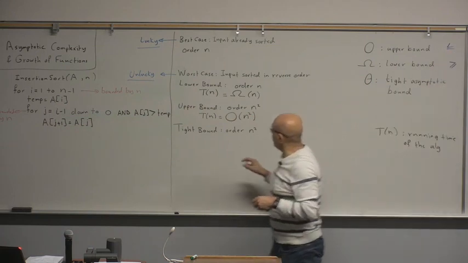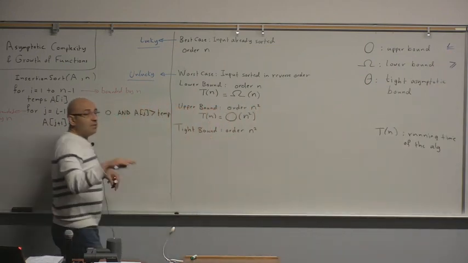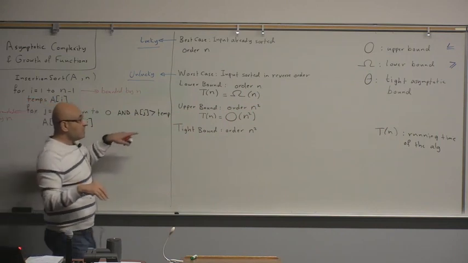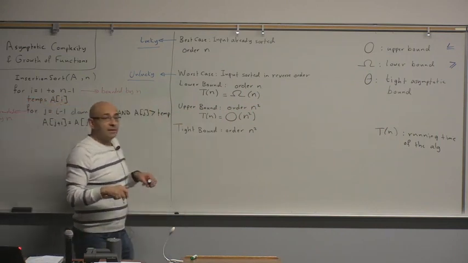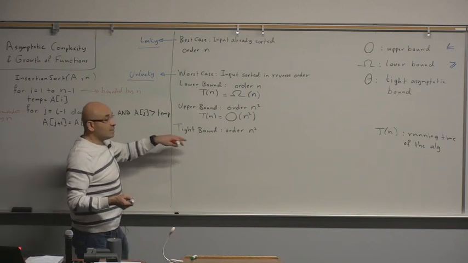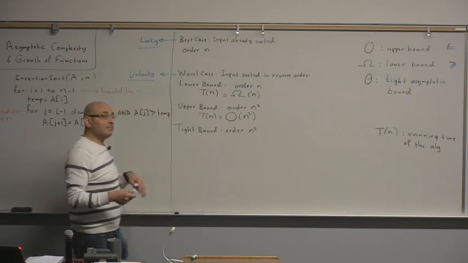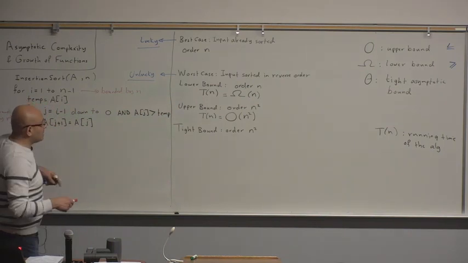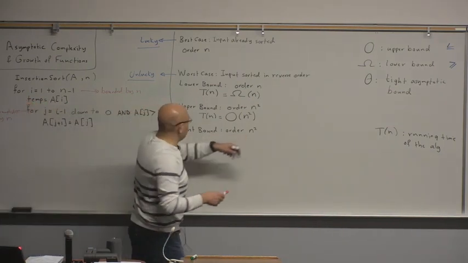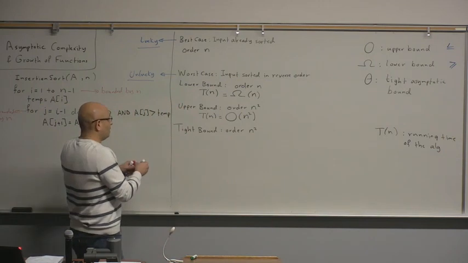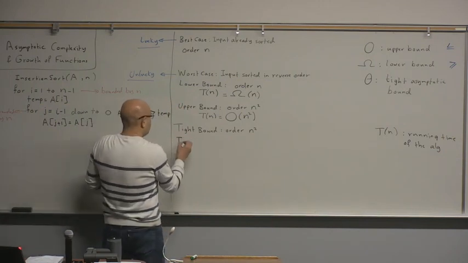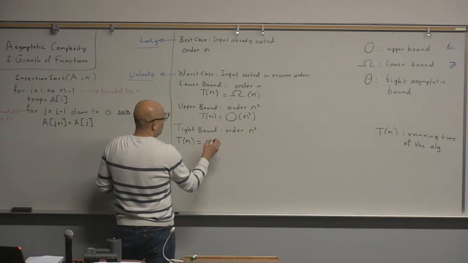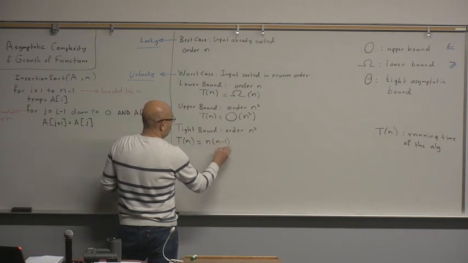So we are saying that the running time of this algorithm, based on the analysis that we have done so far, is not going to exceed n squared. Without doing the summation that we did last time, which resulted in order n squared, the summation gave us T of n equals n times n minus 1, divided by 2.